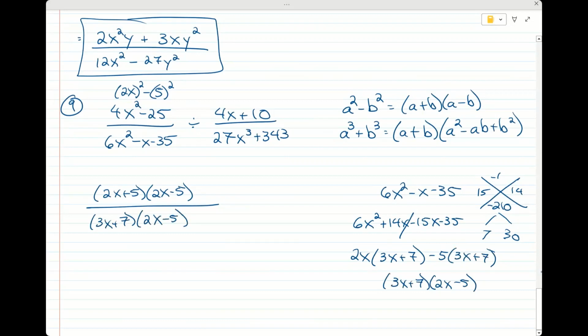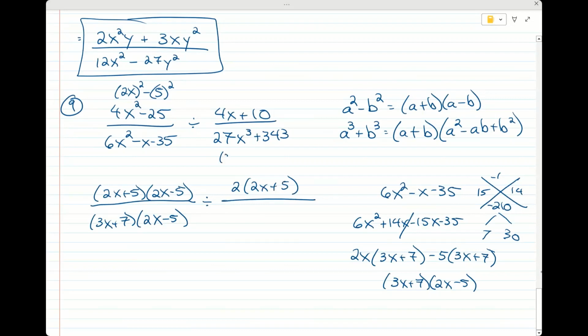All right, so that first fraction is completely factored. Let's take a look at this second fraction. The top, we could take out a 2, and we're left with just 2x plus 5. And then the denominator is going to be a perfect cube. So the cube root of 343 is 7.